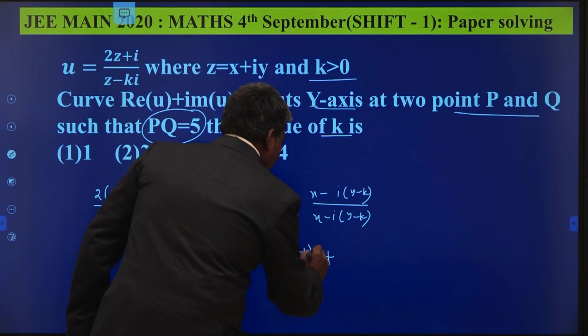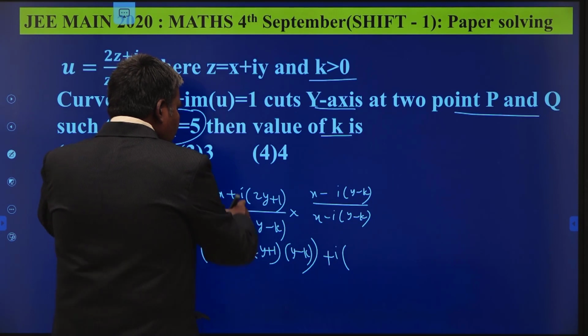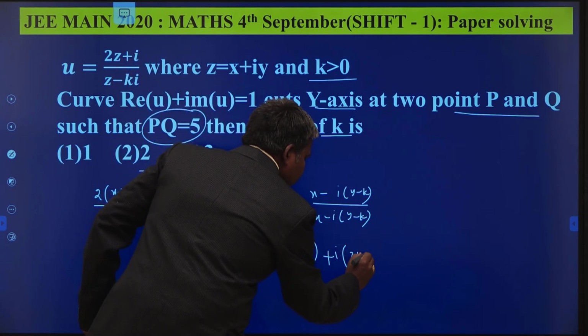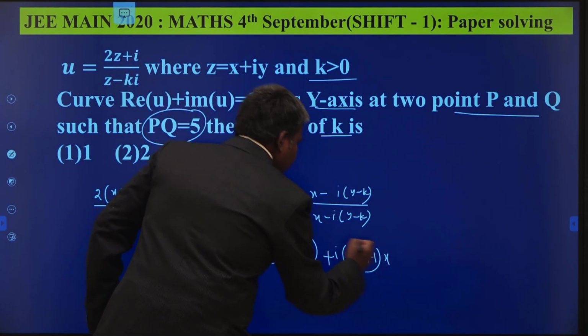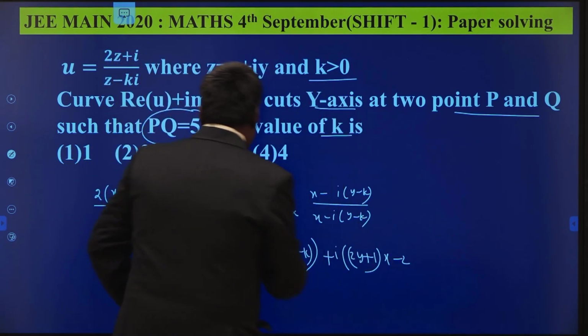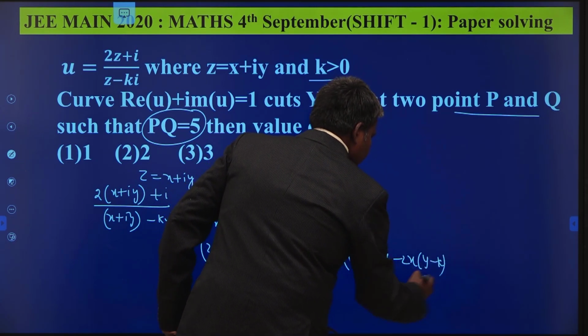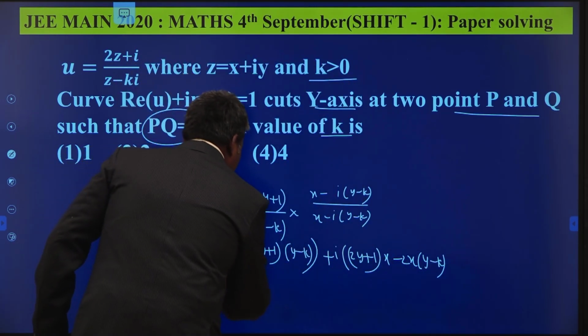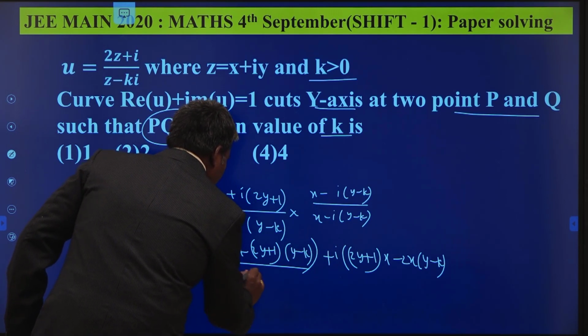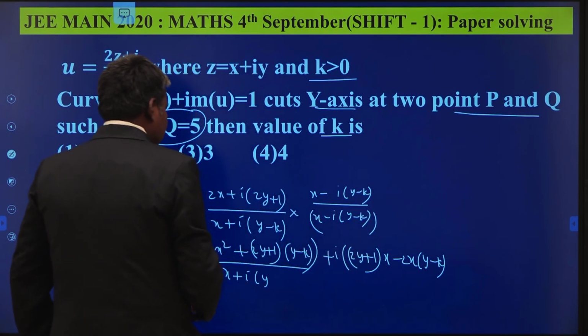plus i times [(2y + 1)x minus 2x(y - k)], divided by (x + i(y - k))(x - i(y - k)).